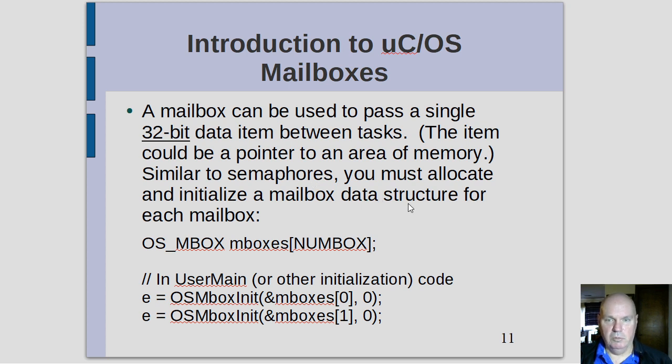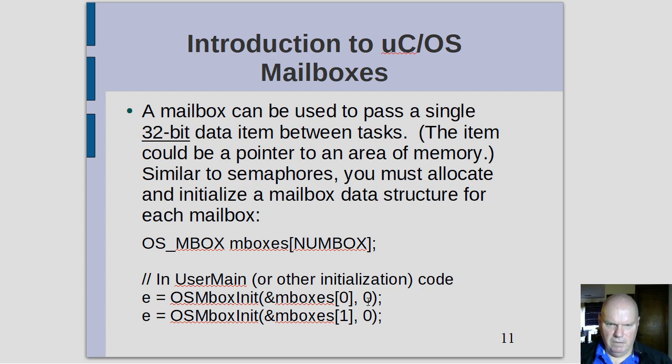Okay. So similar to semaphores, you must allocate and initialize a mailbox data structure for each mailbox. So here I'm demonstrating setting aside numbox of these mailbox data structures. And if you're only going to do one, you don't need this array. But here, again, I need to initialize each of these.